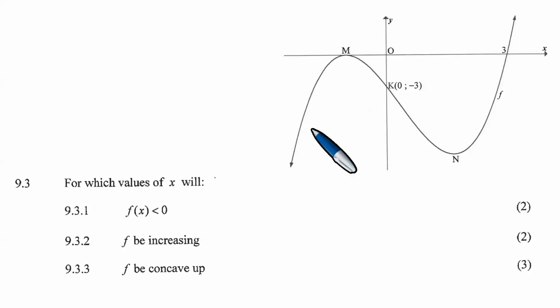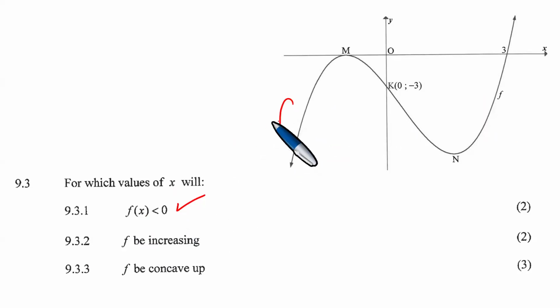If this is the graph we have, for which values of x will the function be negative? Where is it negative here?